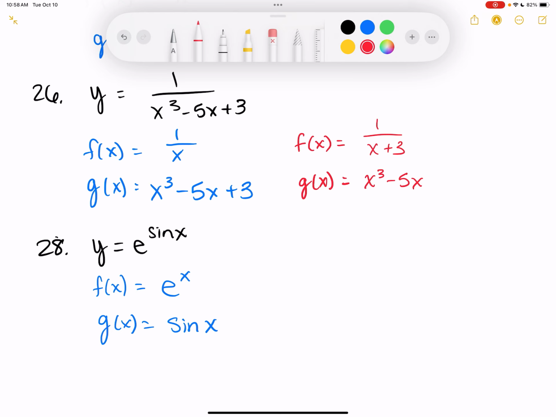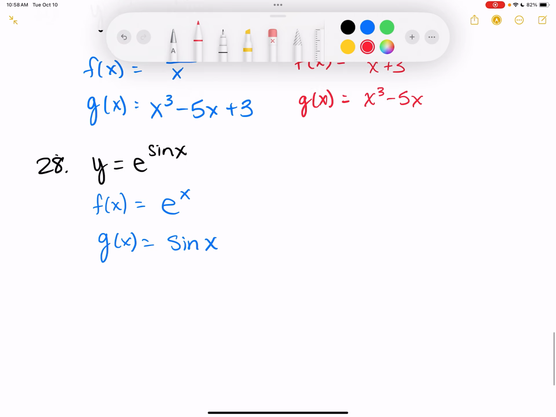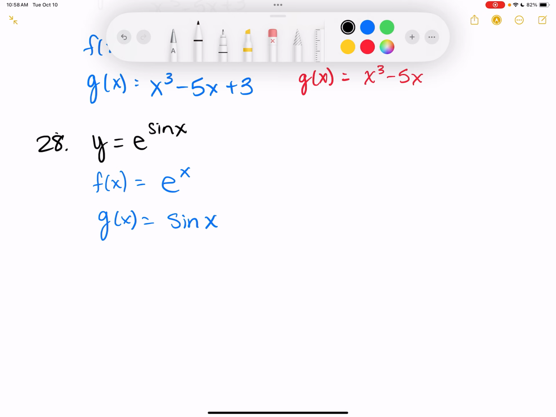All right, the last thing says to find two functions defined implicitly by the given relation. So 38: x plus y squared equals 25.